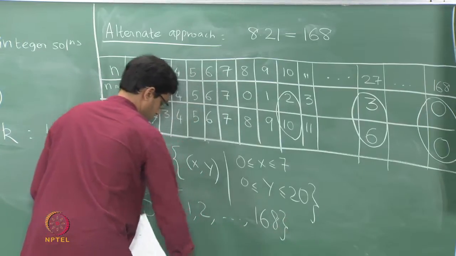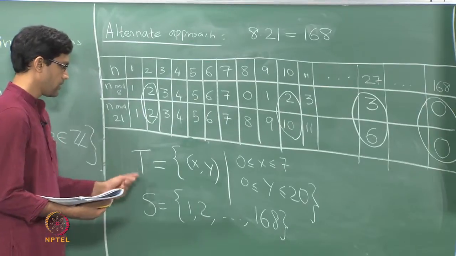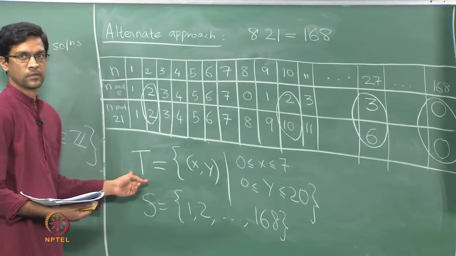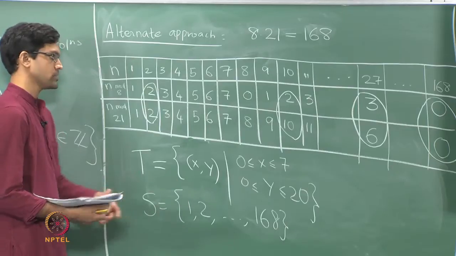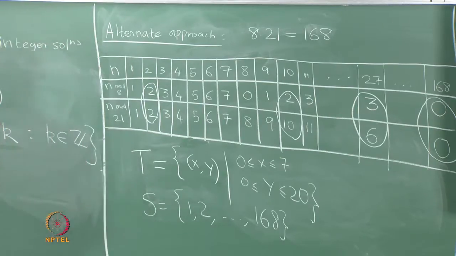Okay, so I construct these 2 sets. Now the first observation to make is that the set T also has 168 elements. Just like the set S, which obviously has 168 elements, the set T also has the same number of elements. And why?